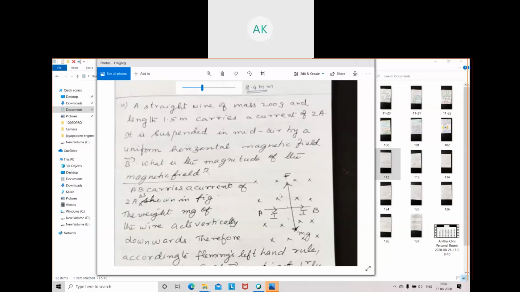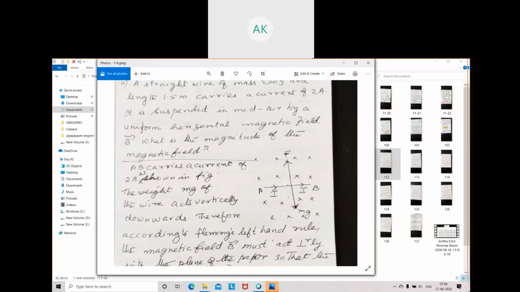Here already one magnetic field is there, marked with an into mark. Into mark represents a magnetic field perpendicular to the plane and inwards. That means it will be piercing through the screen.